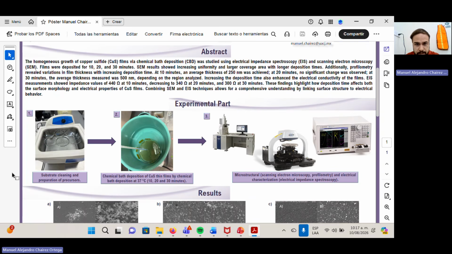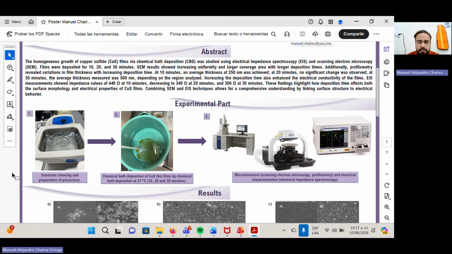We studied 3 times, 10 minutes, 20 minutes, and 30 minutes, to see how the thin film was growing in homogeneity, and the temperature was 37 degrees.